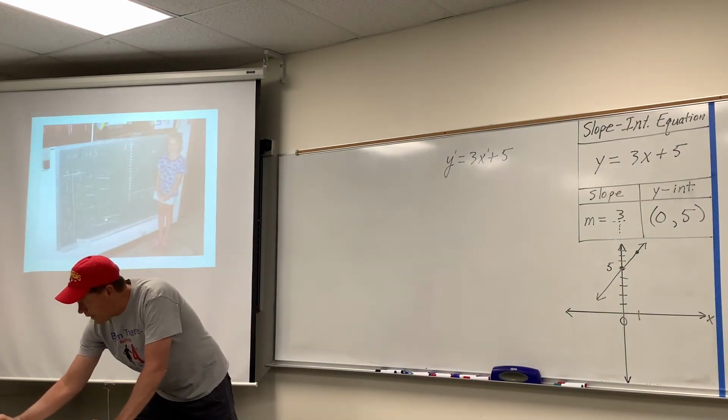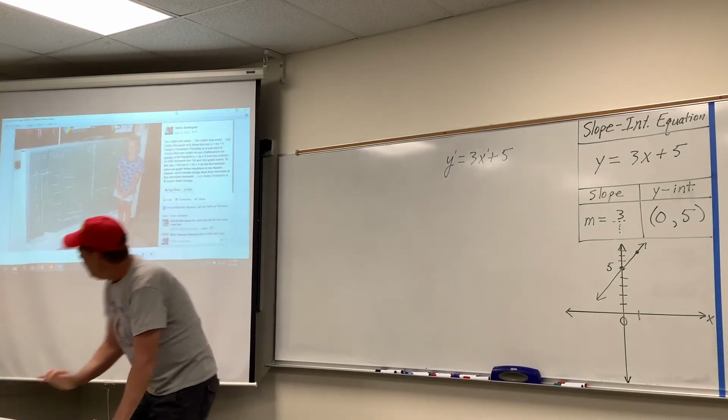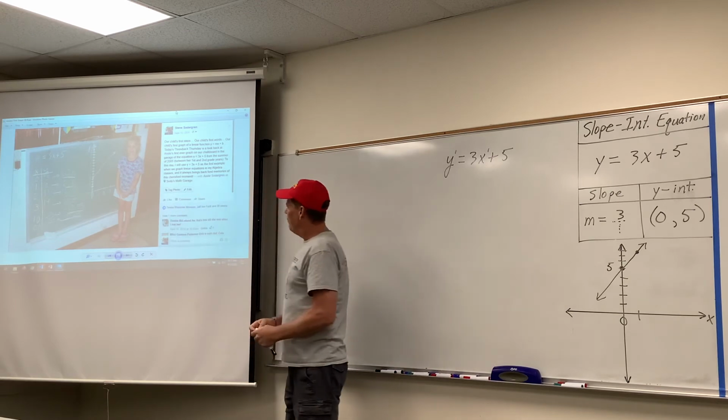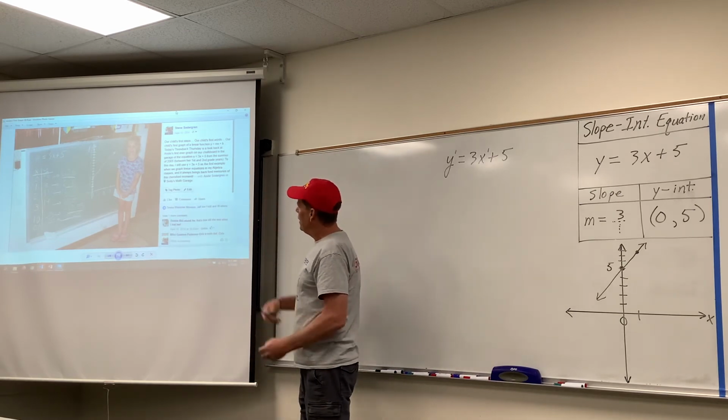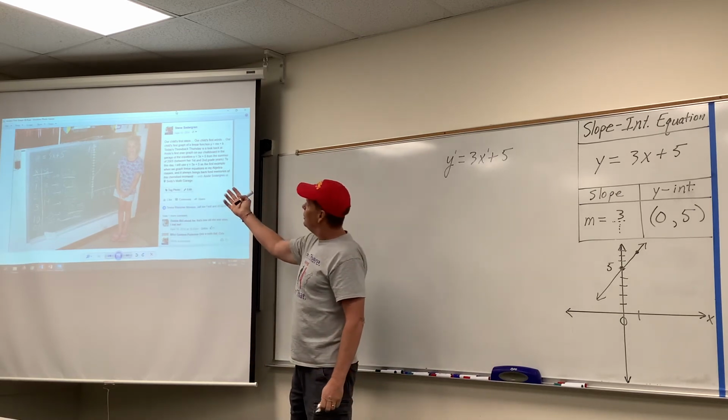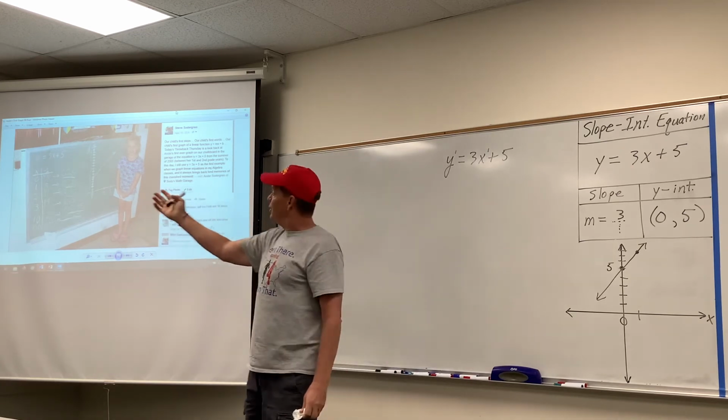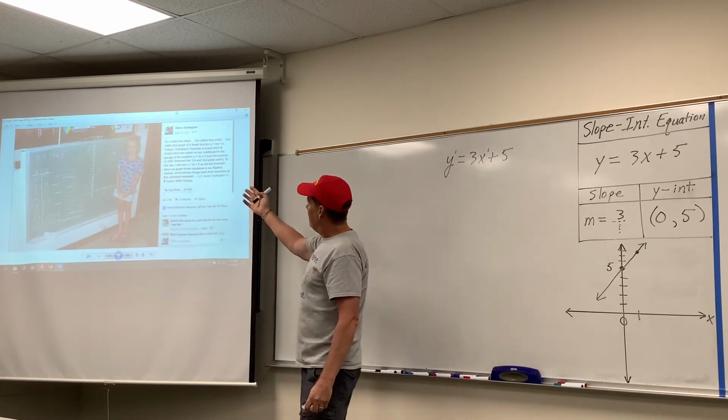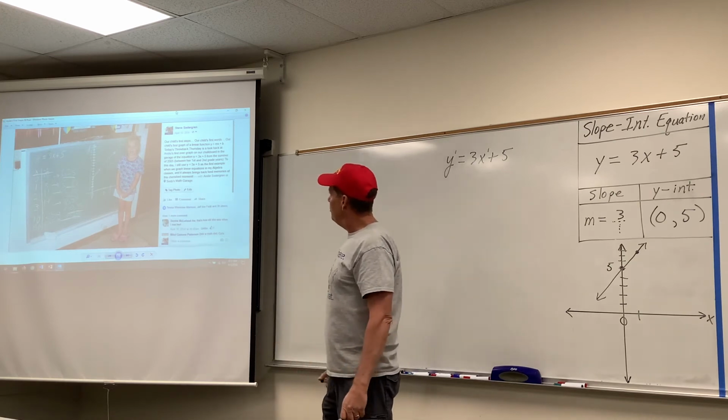And so, in fact, there's y equals 3x plus 5, and here's a post I put on Facebook a few years ago: our child's first steps, our child's first words, our child's first graph of a linear function, y equals mx plus b.